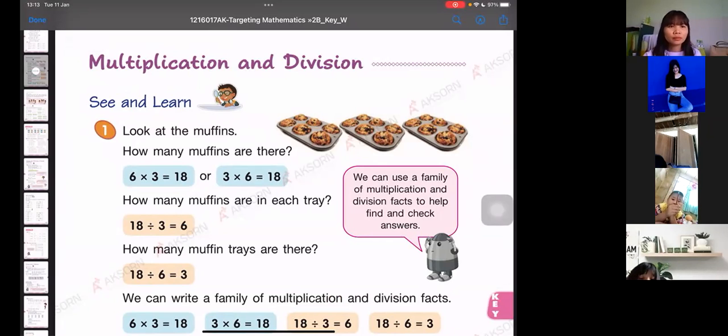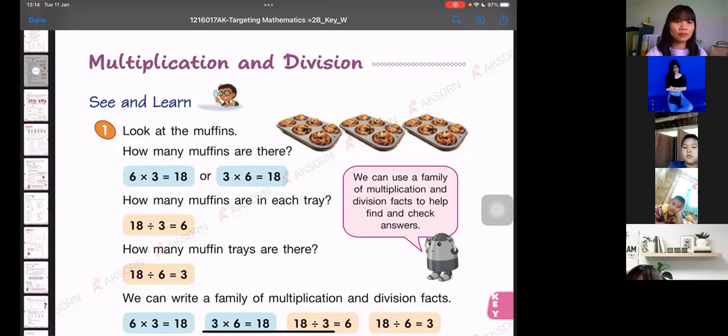So now, you look at the multiplication problem. We have 6 times 3 equals 18.